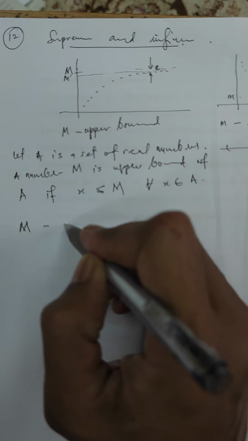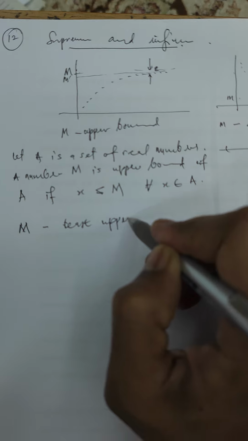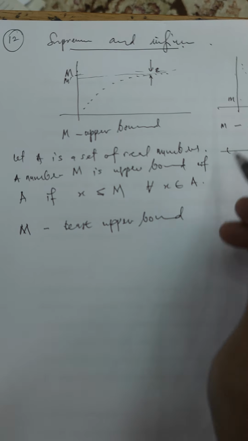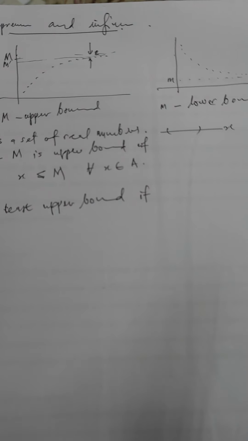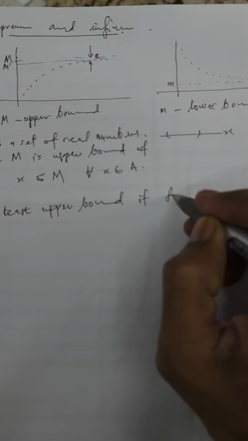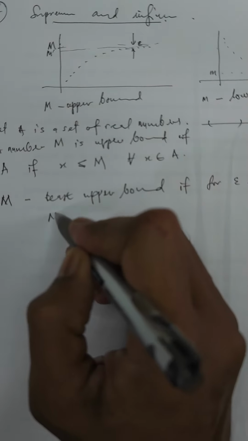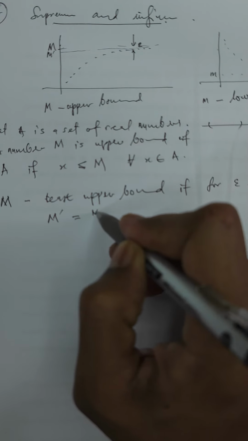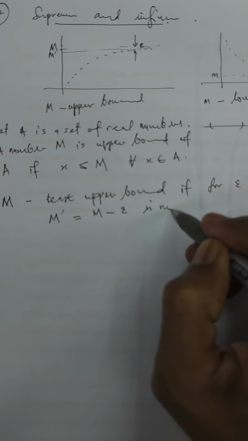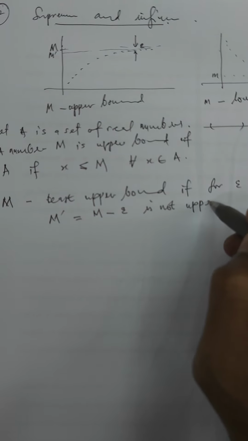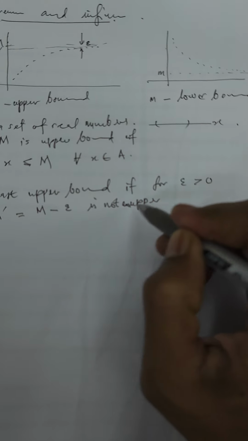We call m the least upper bound if for any small number epsilon, then m prime, which is m minus epsilon, is not an upper bound.